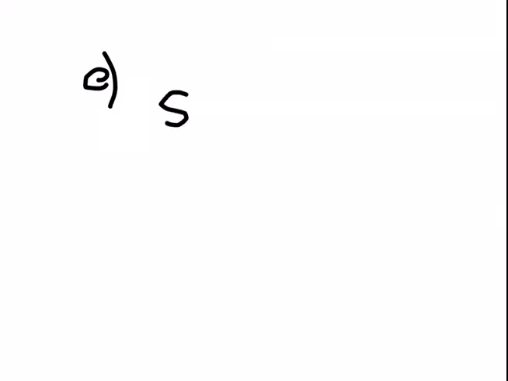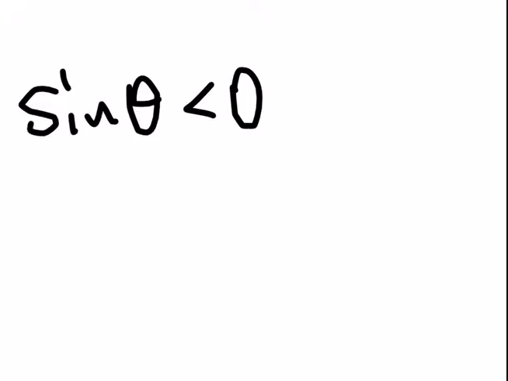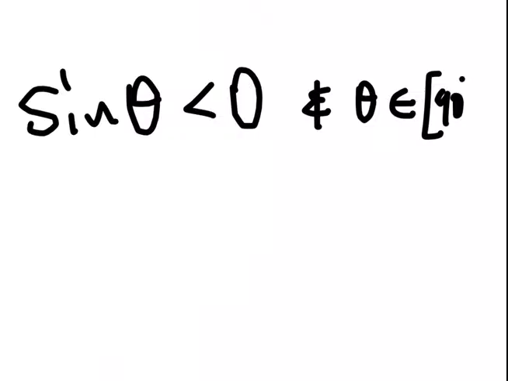So this one comes in a different way. They are saying sine of that angle is less than 0, and this time around they just say that the angle is an element of 90 degrees to 270 degrees.